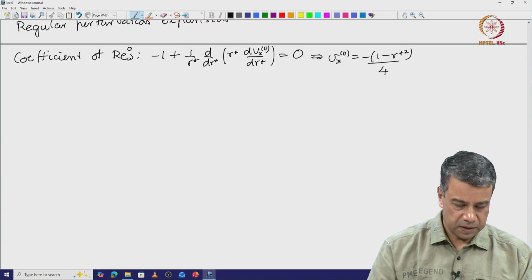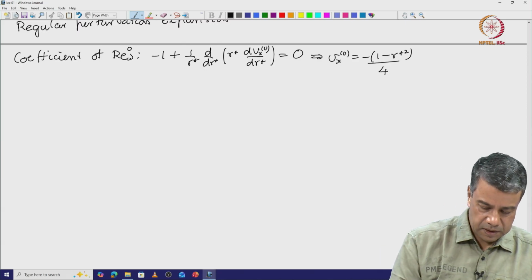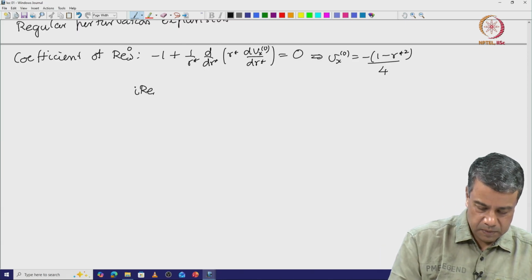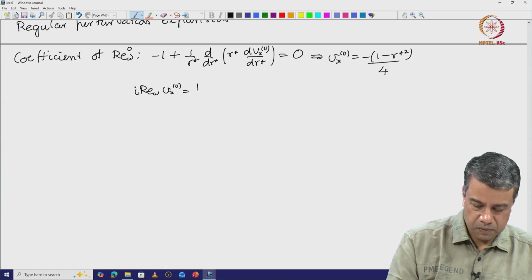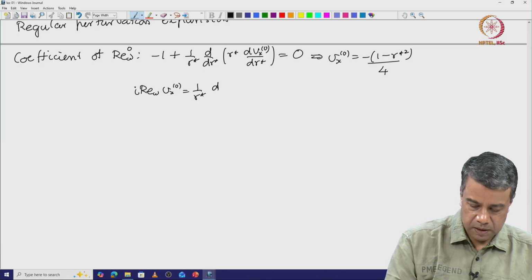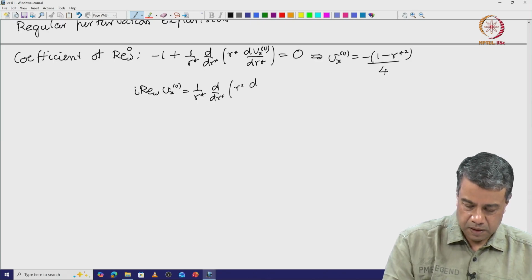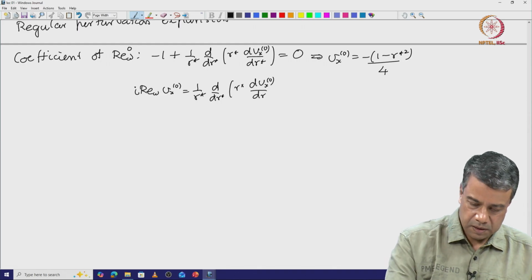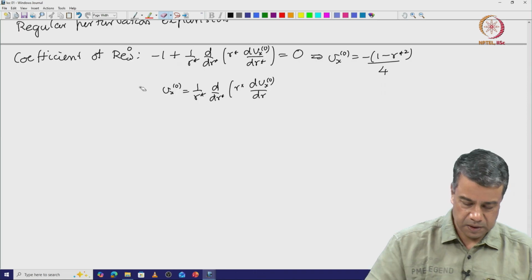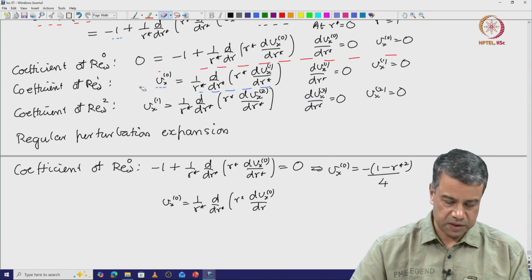The second equation is I Re omega Vx naught is equal to 1 by r d by dr of r dVx1 by dr. There should not be an I Re omega because I am taking the coefficient of I Re omega.